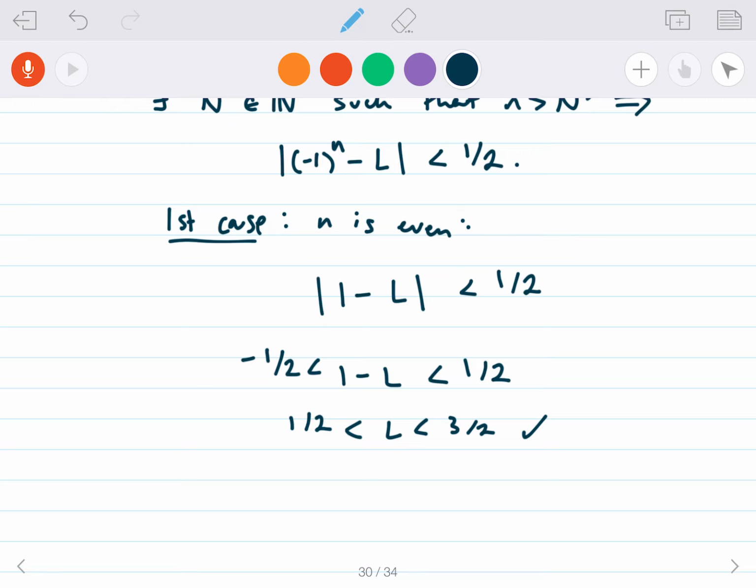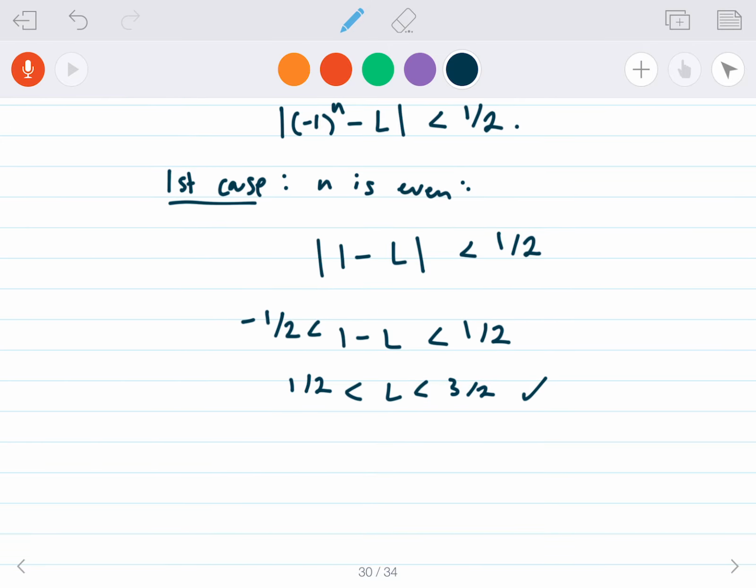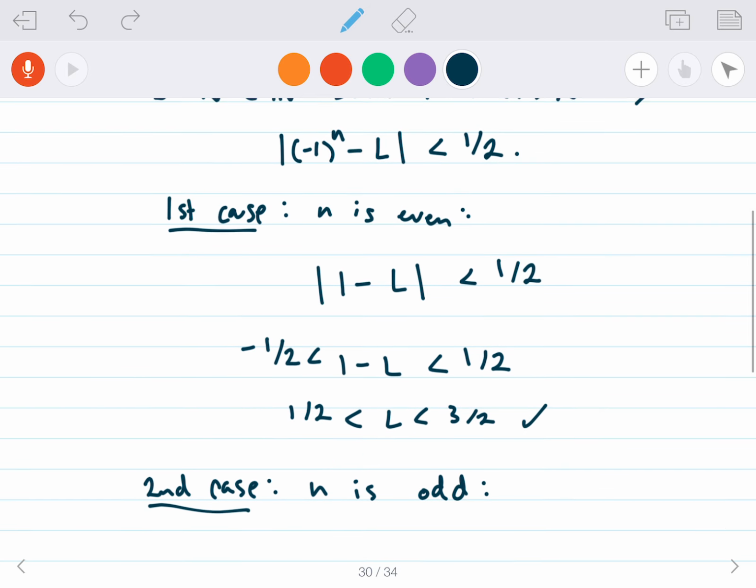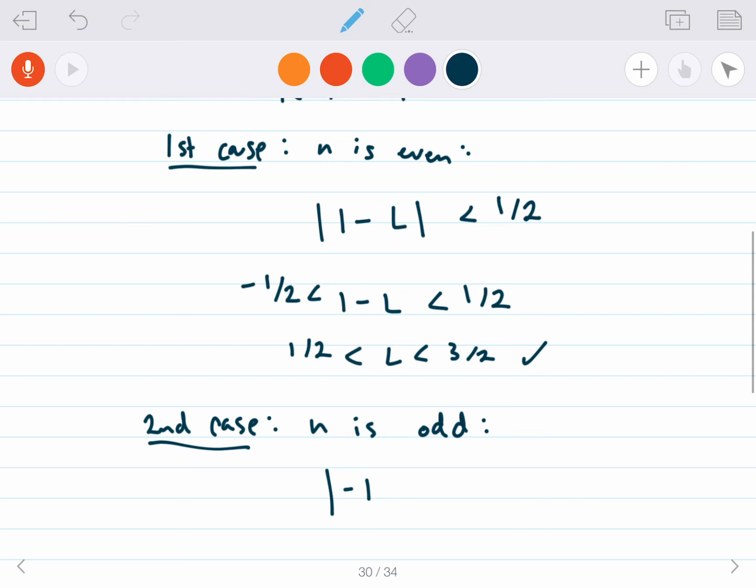My second case is when n is odd. Inside here I'm going to get -1, so I get |-1 - L| less than a half.